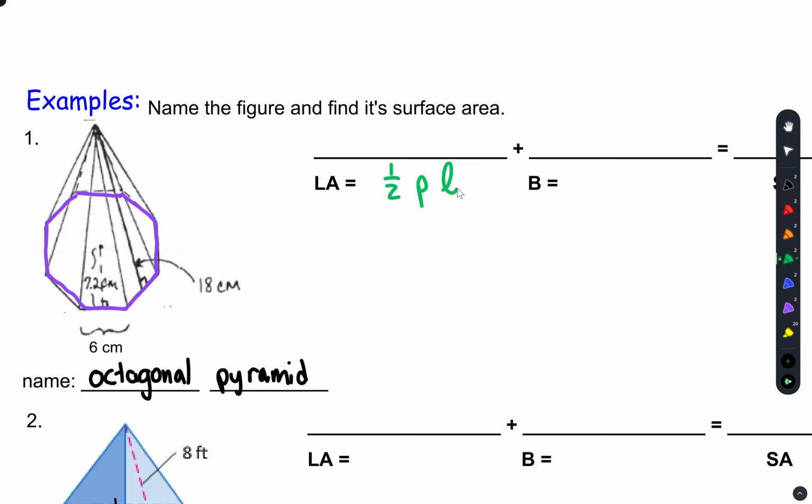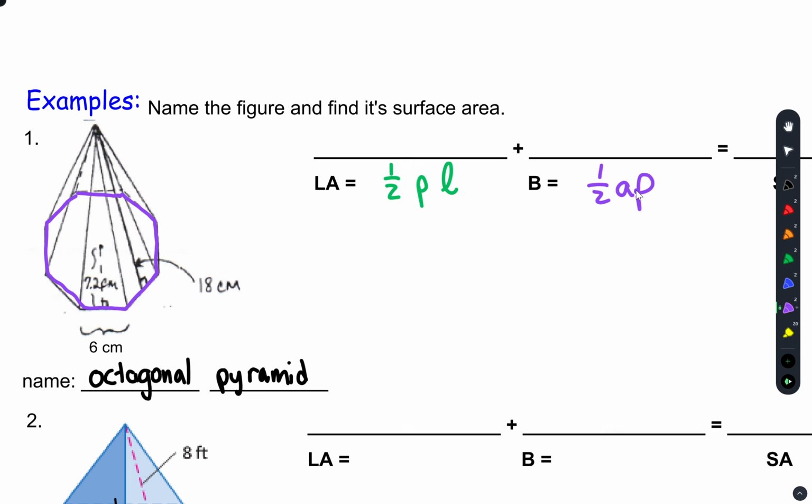Okay, that base is an octagon. What's my formula for finding the area of an octagon? It's on your sheets. Regular polygons use what formula? Caitlin? Perfect. Okay, those are all of our pieces.